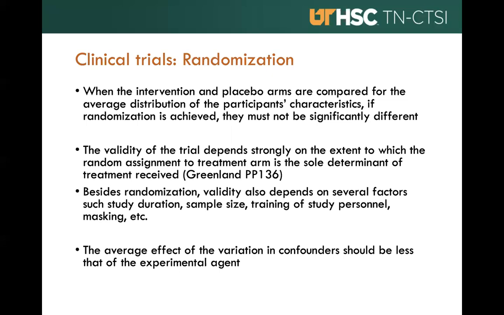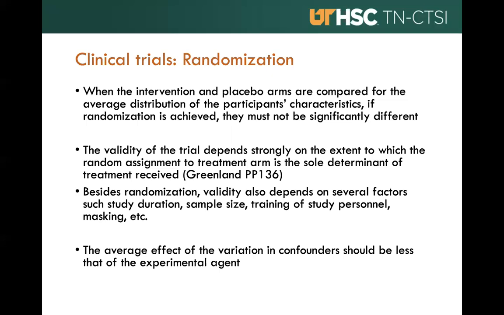Otherwise, I remember one study that was published and it was reviewed by some professors from Indiana University. The study was published as a randomized clinical trial, but there were significant differences between the intervention arm and the control or the placebo arm. And so the reviewers, after the study was published, wrote to the editors that randomization actually had not been achieved because there was a significant difference.